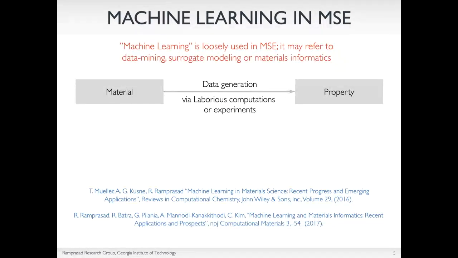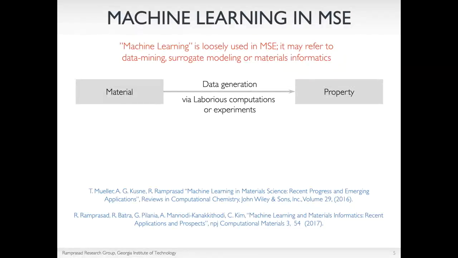But here is the issue. Here is the scenario. If you have a material and you want to compute its properties, you want to predict its properties, we can use a DFT calculation to determine its properties. Or the alternative approach is you can do experiments, right? You can procure the precursors, make the material, go to your lab, test it, and determine its properties.